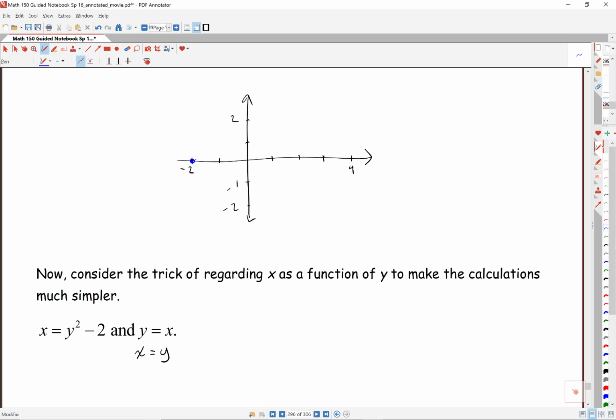Okay, so if you recall, the blue graph went something like this, and then our green graph went something like this.